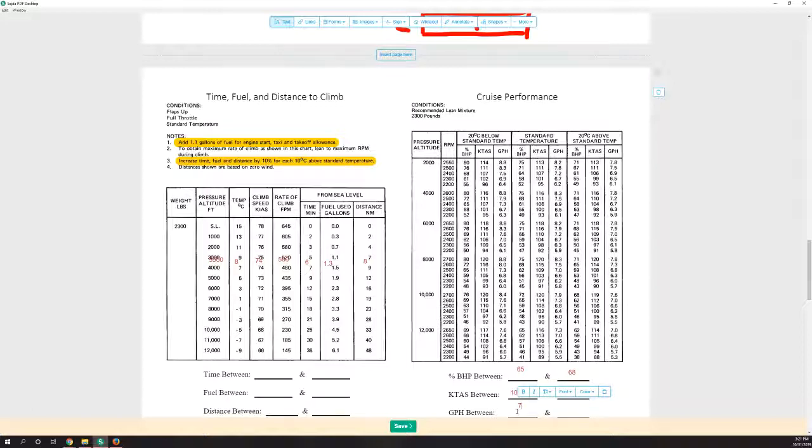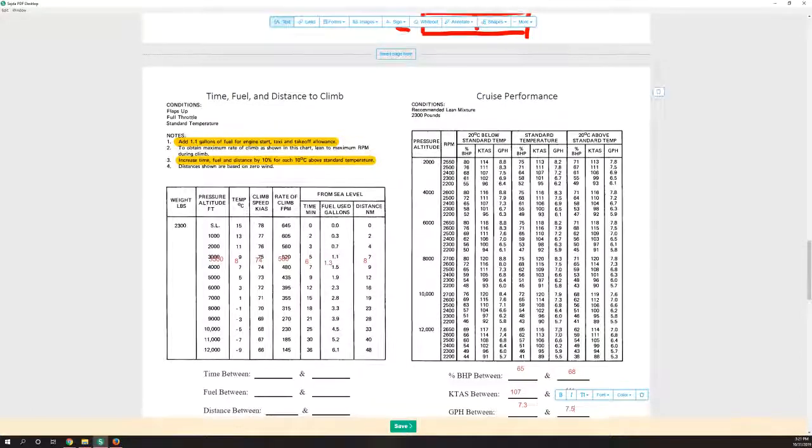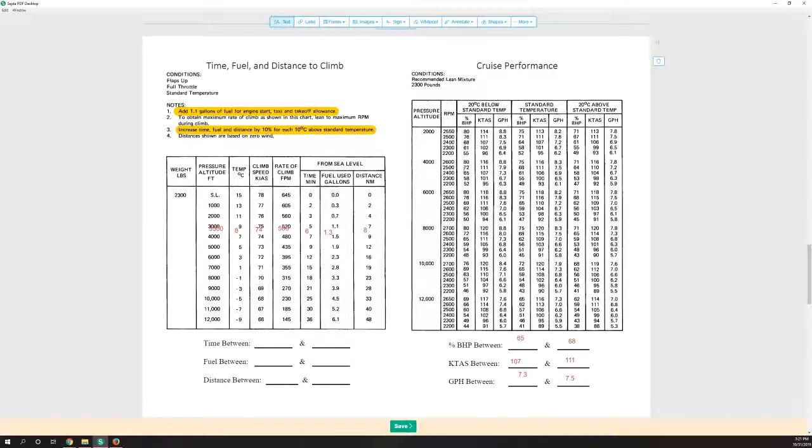That also means if we want to check what our percent brake horsepower probably is when we get up there, we're going to be somewhere between 2,400 and 2,500 RPM. So we could say RPM is going to equal 2,450. So let's say this is going to be 67.